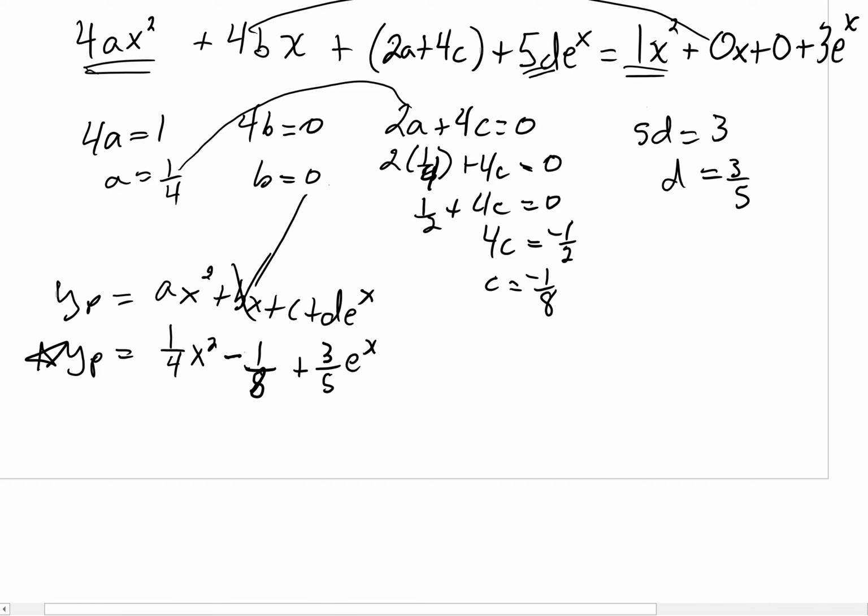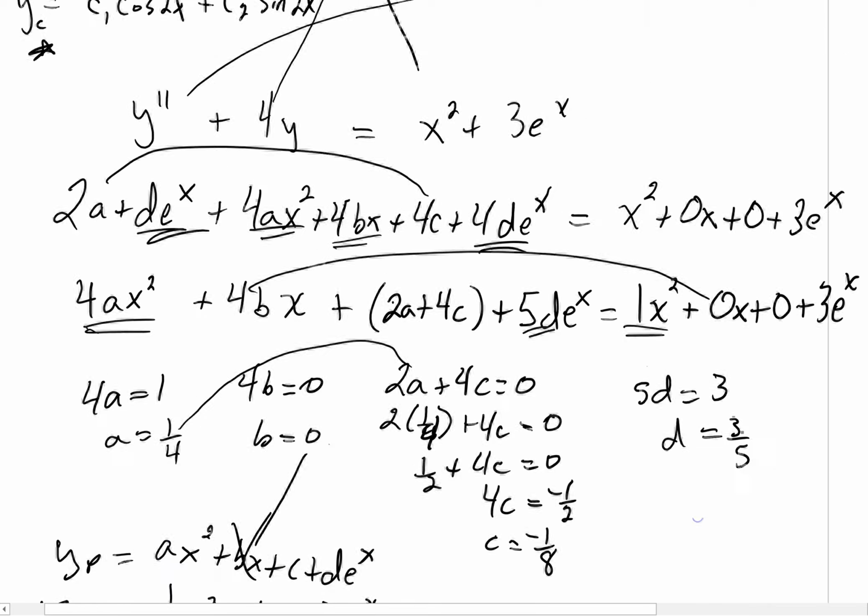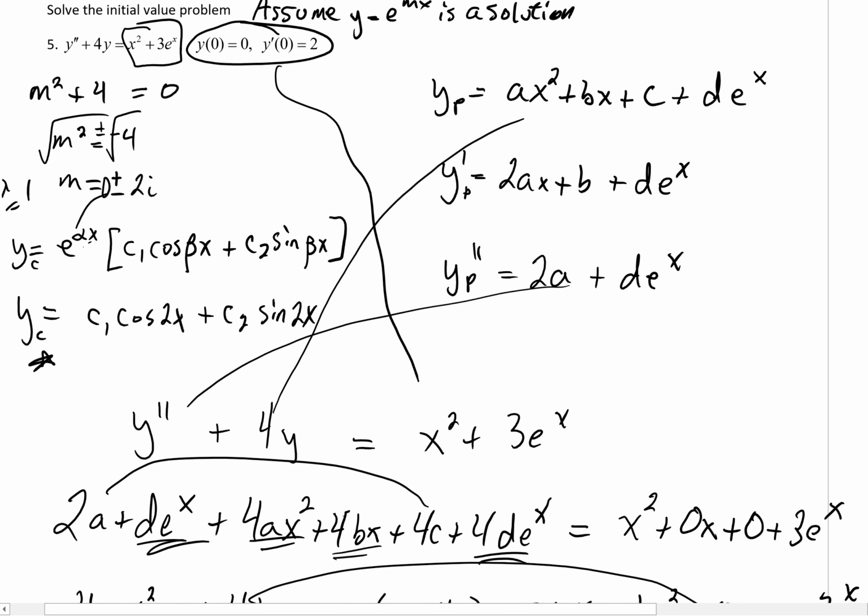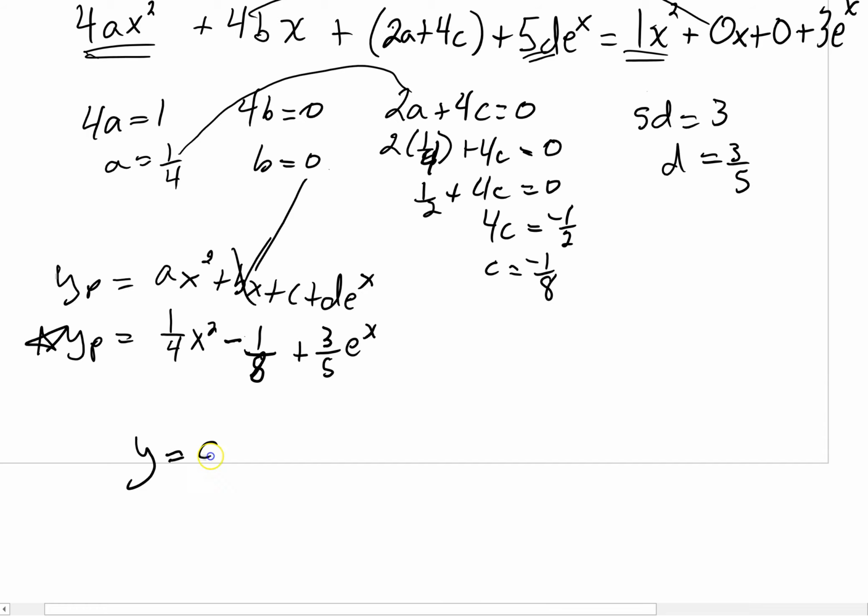So how do we do this? Well, we can say our y is going to be, well, we had our c1 cosine of 2x plus c2 sine of 2x. Then we've got our particular solution added on right here.